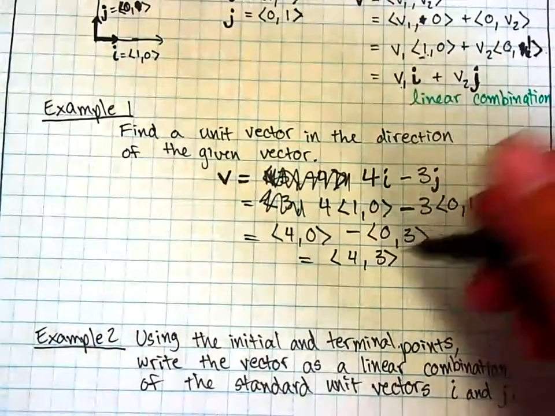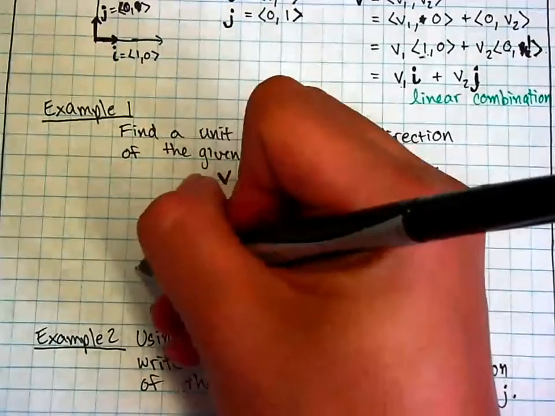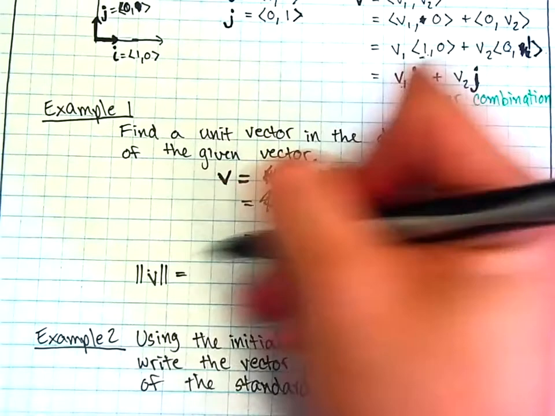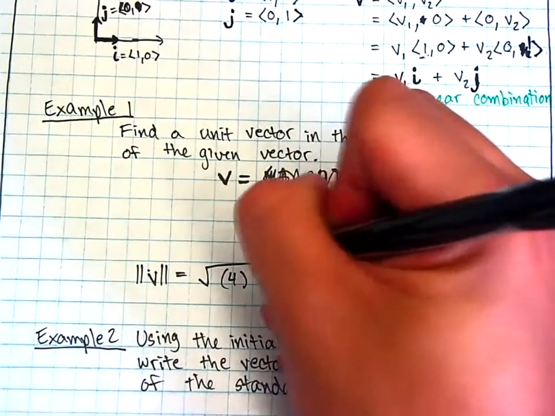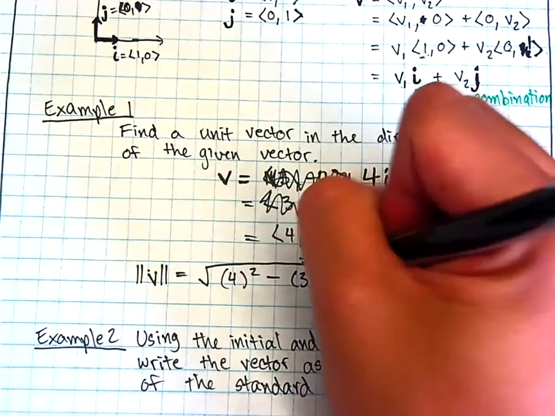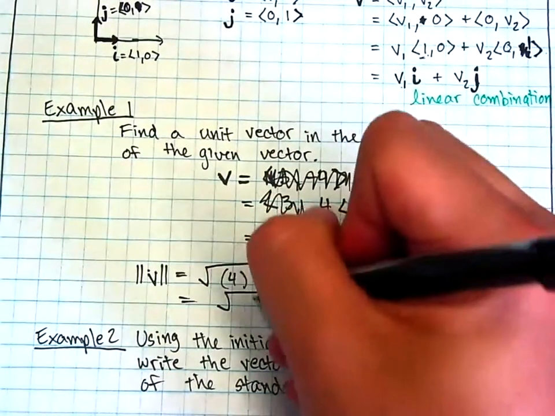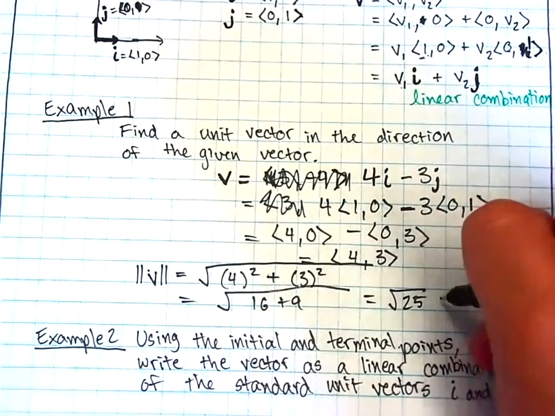With that, we can go ahead and find the magnitude. So the magnitude of v will be the square root of 4 squared plus (-3) squared, equals 16 plus 9, the square root of 25, and that's going to be 5.